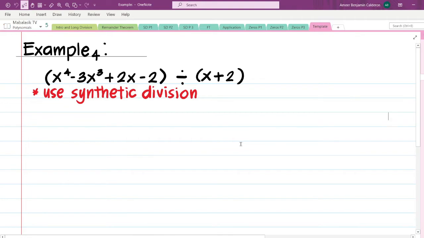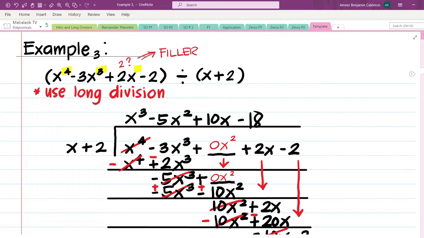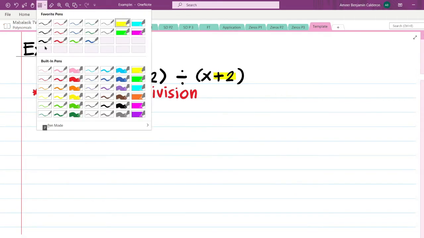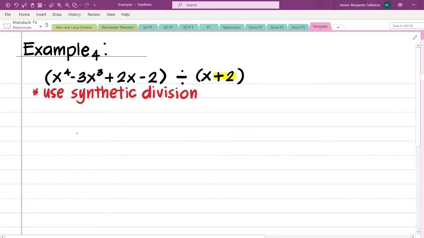So again, we are going to change the sign. Is it x plus 2? Yes. So we change the sign of the constant term of the divisor. So this is going to be negative 2. We put this in our division box.